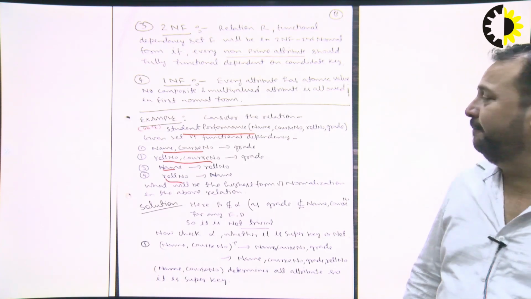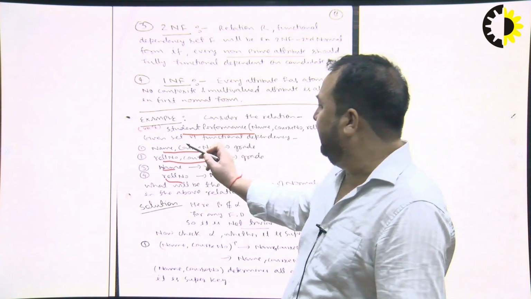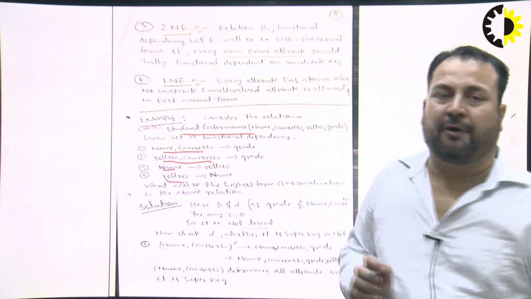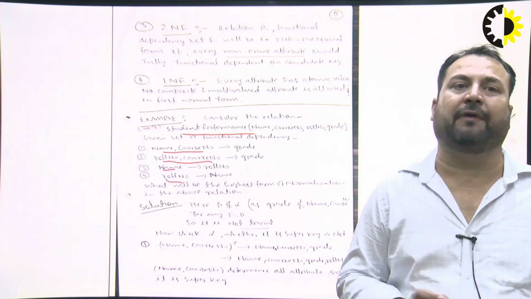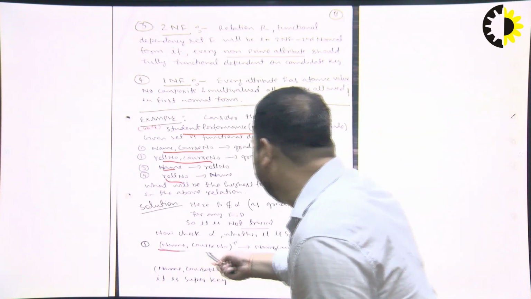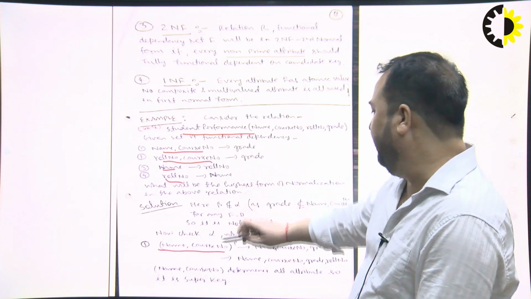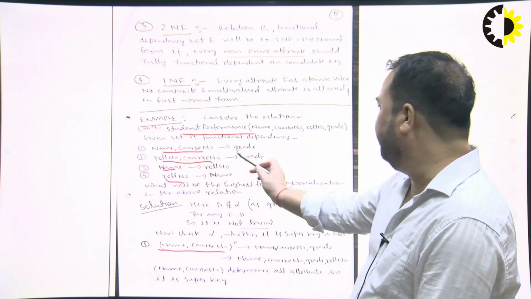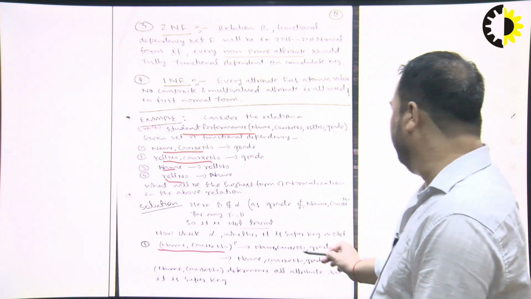So how can we find that? They must be keys, and we know the trick for finding keys. We find the closure of name, course number. The closure gives name, course number and grade.